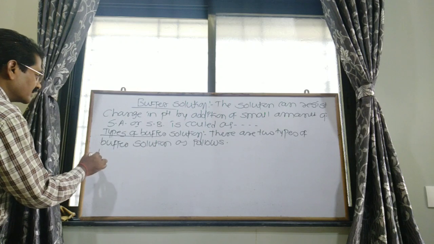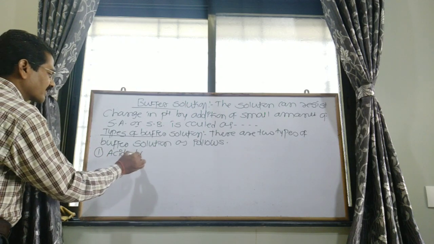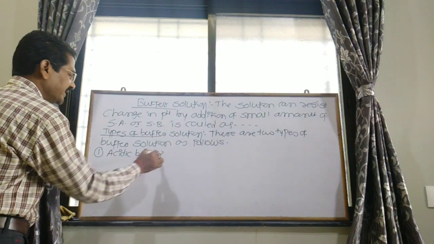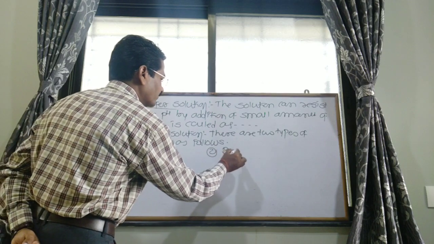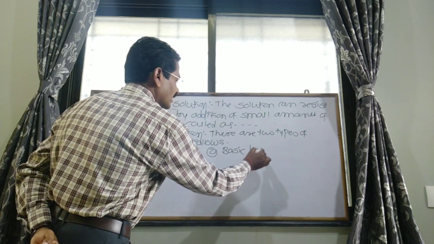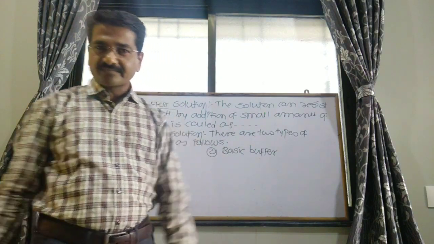First type, acidic buffer. The first one is the acidic buffer and the second one is the basic buffer. Likewise, only two types of buffers can occur.